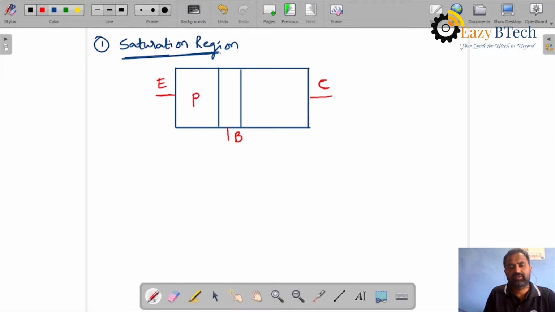It is PNP. We know this junction is JE and this junction is JC.